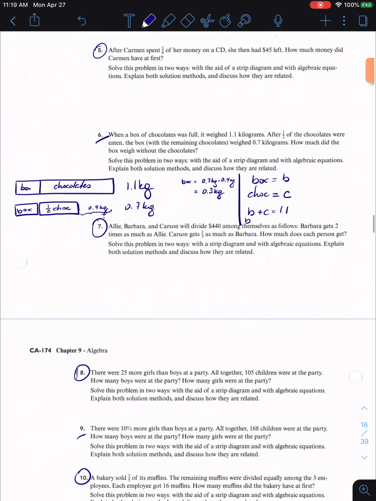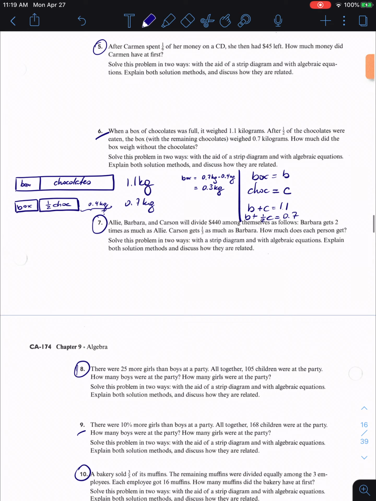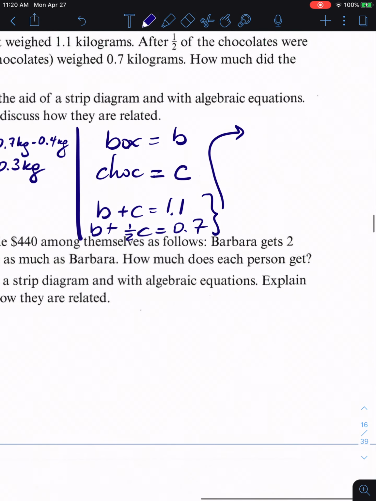We know the box plus half the chocolates is 0.7. Right? Now, we could either do systems of equations here, if you remember the systems of equations, or we can continue to figure this out more in terms of sense making.